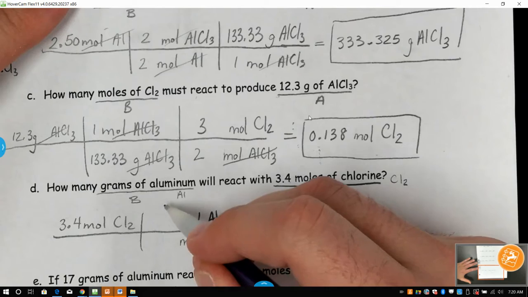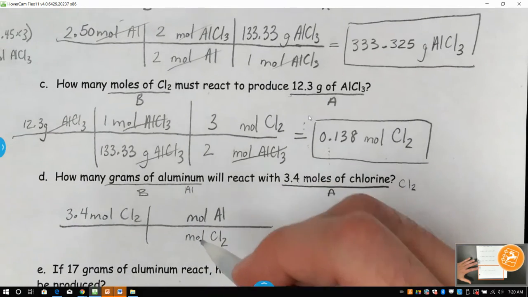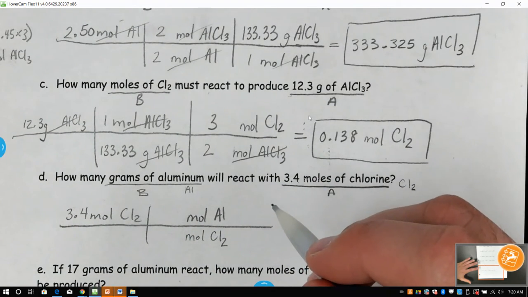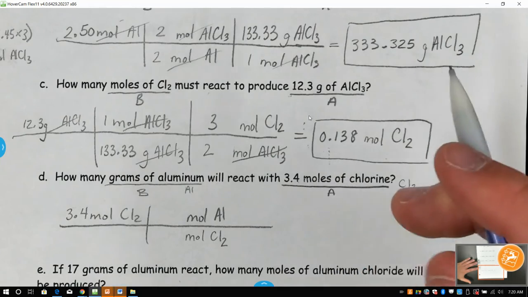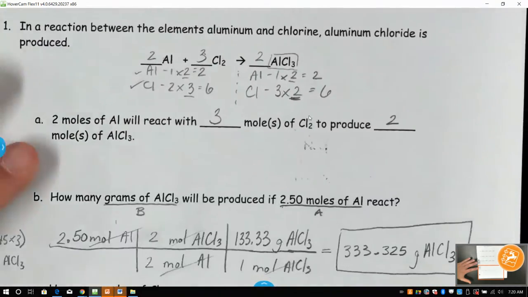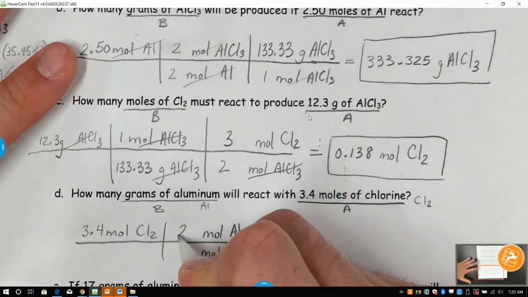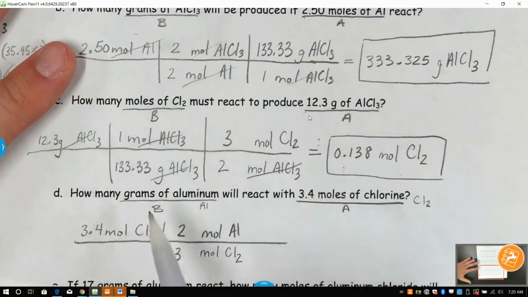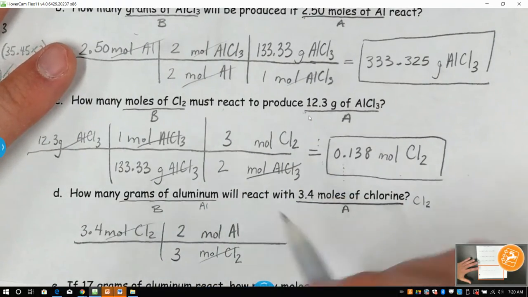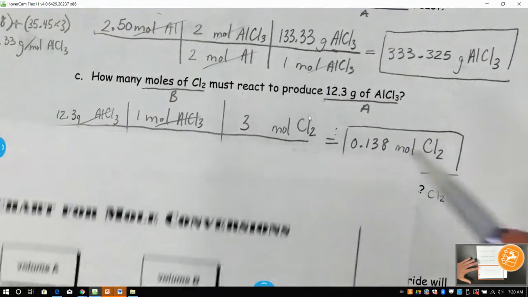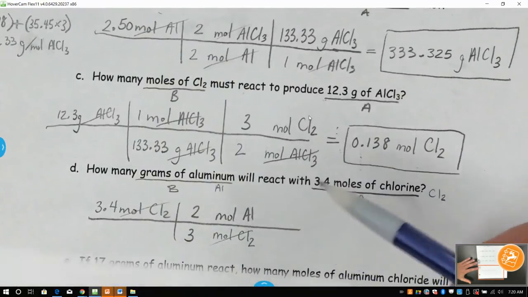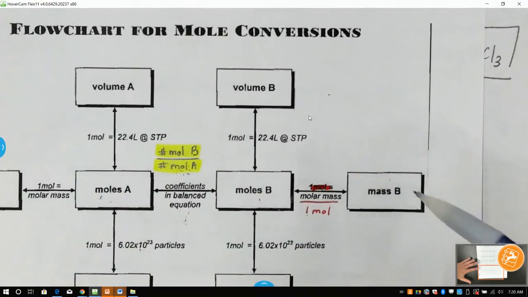The numbers we're going to use here come from our balanced chemical equation. Looking back up at the balanced formula, it's a 2 and 3. So aluminum is going to be a 2, and the chlorine is going to be a 3. So we're out of that. If we stopped the problem right there, we would be in moles of B, but we want mass of B.